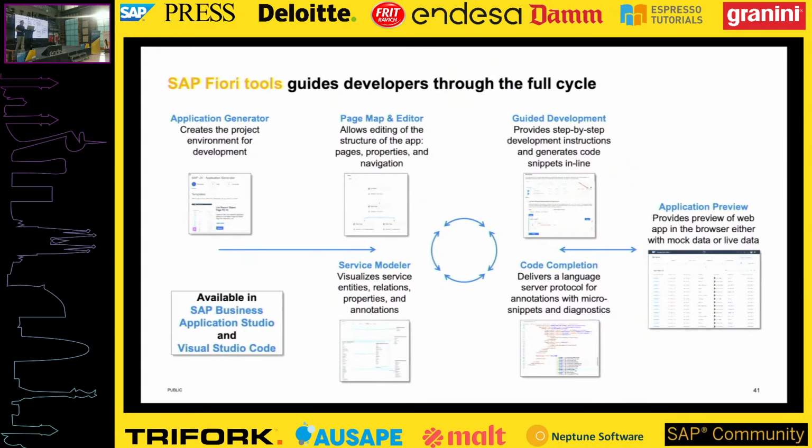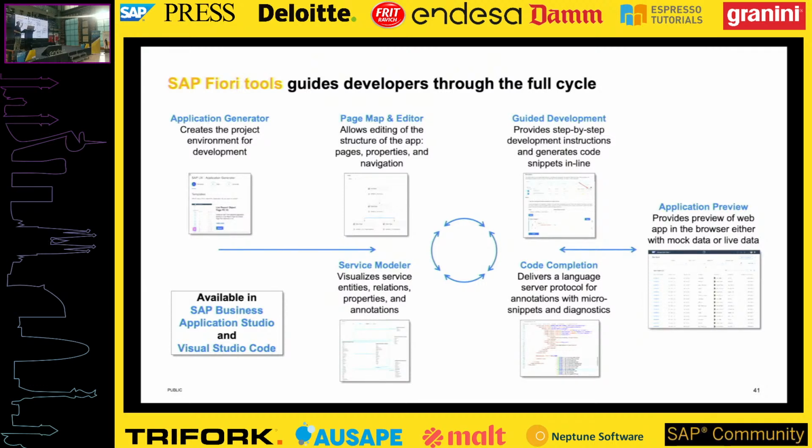The various tools for building Fiori. There are other scenarios in Business Application Studio for building cloud applications, for building mobile applications, but here we're looking at Fiori. And there are various tools to develop Fiori applications: to start from a template, visual tools to understand the structure of the application, guided help which puts in little code snippets with help of documentation, coding, mock data, and so on.